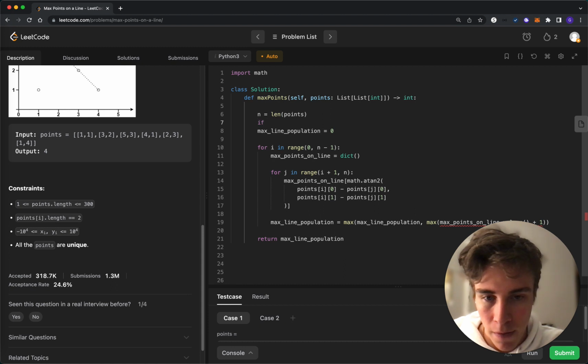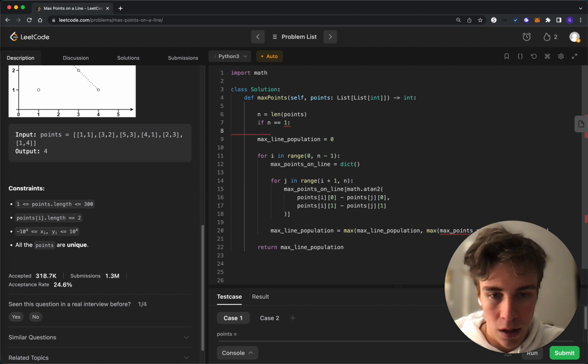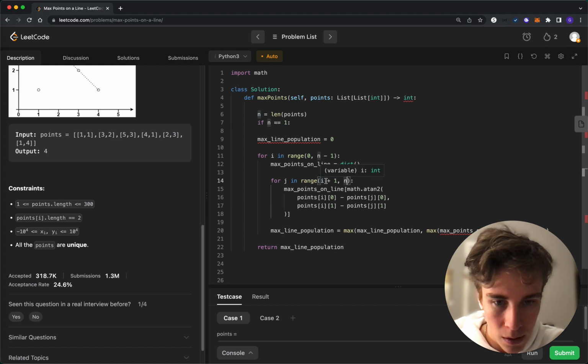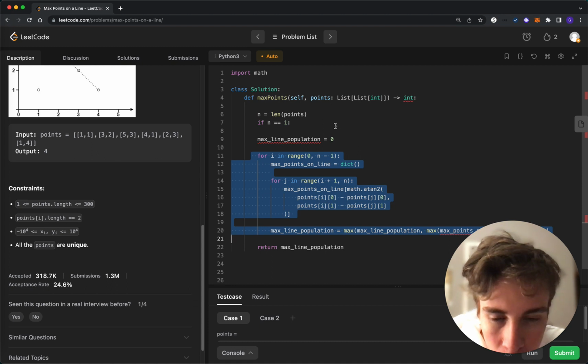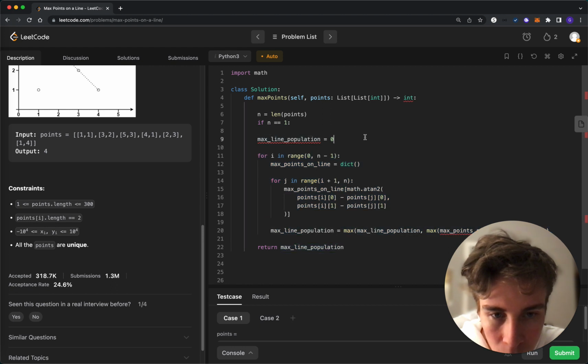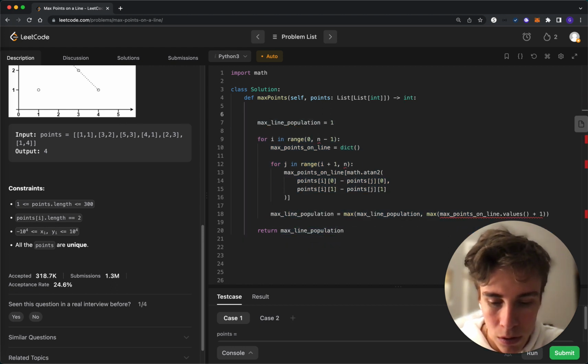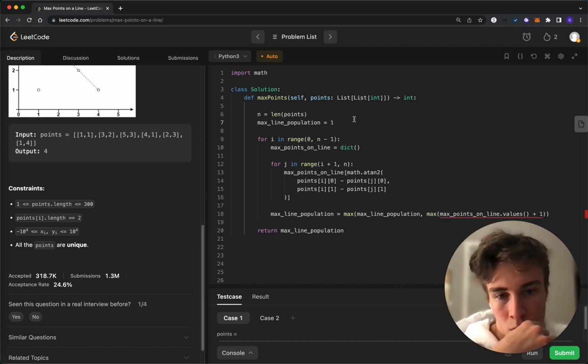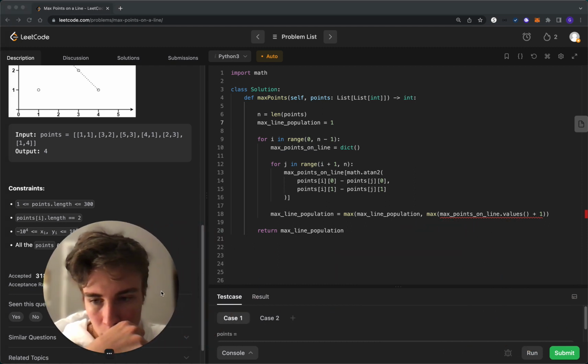That's a problem because if it's equal to 1, then this whole setup will break, because I'm never going to go in here, and it's just going to return 1. Can I just do this? That should work.